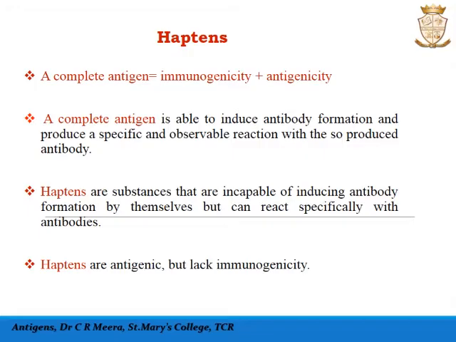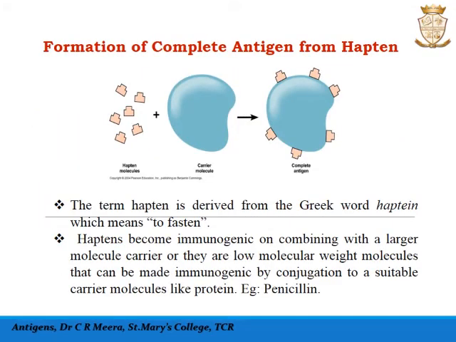However, they can react specifically with the antibodies. That means haptens are antigenic but not immunogenic. Then what is the difference between the antigen and a hapten? The difference is that a hapten can be converted into a complete antigen.